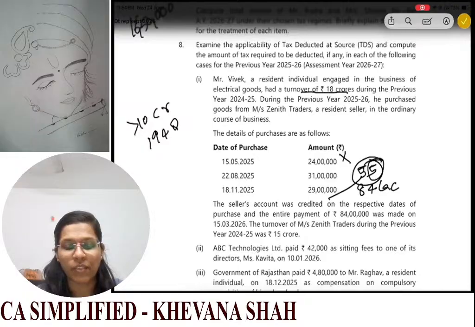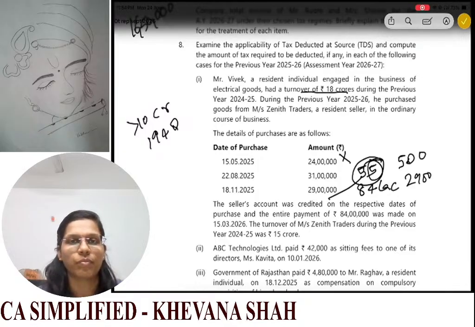So on these 5 lakhs, which is additional crossing the 50 lakhs threshold limit, 0.1% will be applicable, which is your 500. Then on your 29 lakh also 0.1% will be applicable, 2,900. So total 3,400 TDS will be applicable.